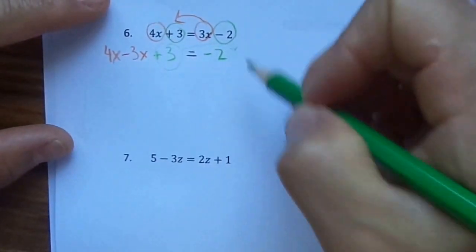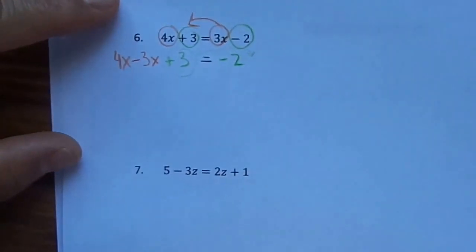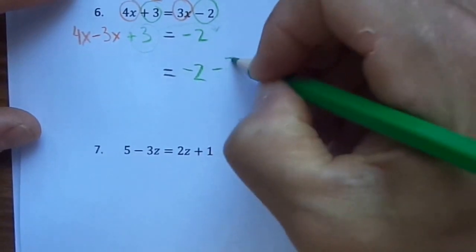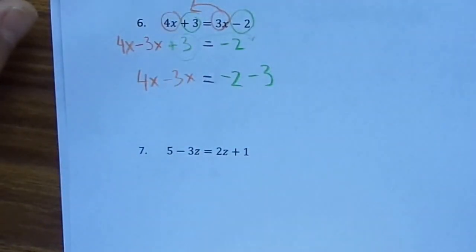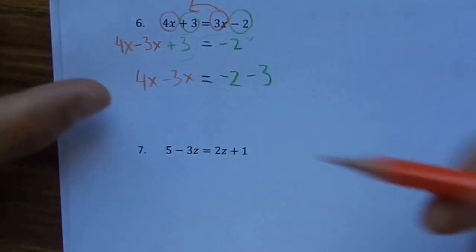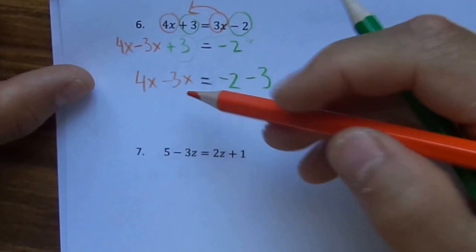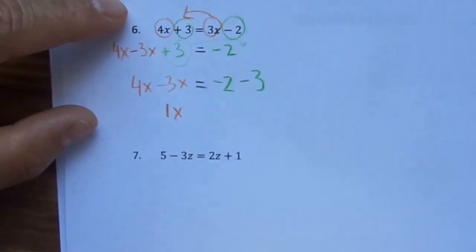Let's move the 3 over to join this guy. Now the negative 2, nothing has happened. If I move the plus 3 over, it becomes minus 3. And then over here we have 4x minus 3x. Last but not least, 4 apples minus 3 apples gives me 1 apple.